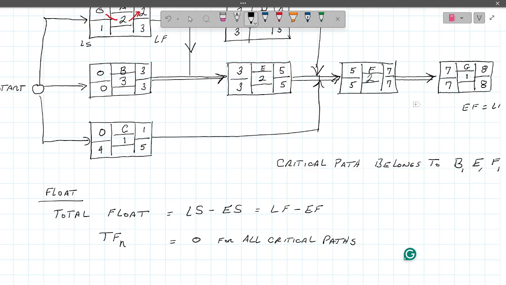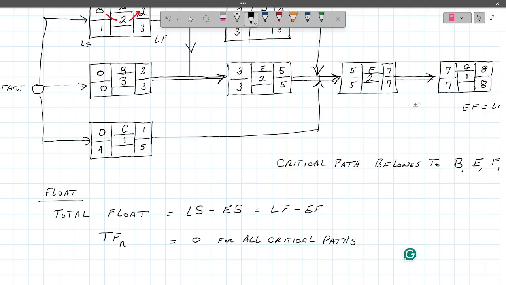Yes, sir. Say it again. Total float, this TFN? No, that's the label.